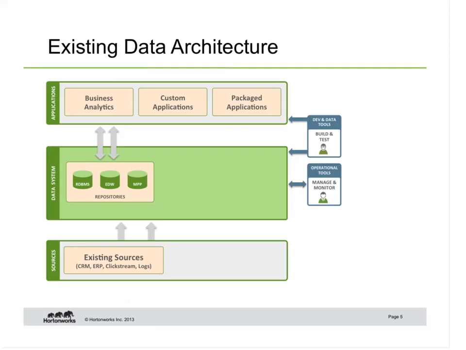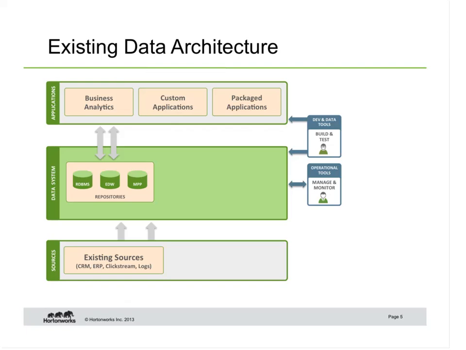Thanks again. So first, let's just take a look at the existing data architecture. This is a simplified diagram, no doubt about it, but I think it represents the architecture in a simplified form that most organizations have in some form or fashion today.